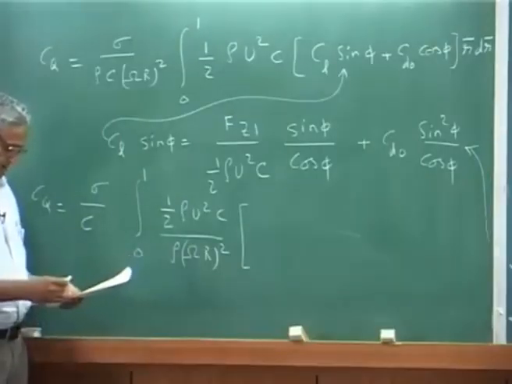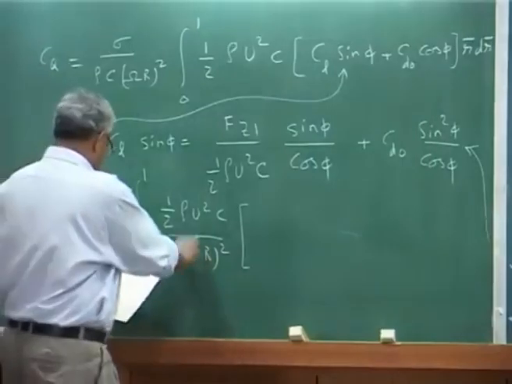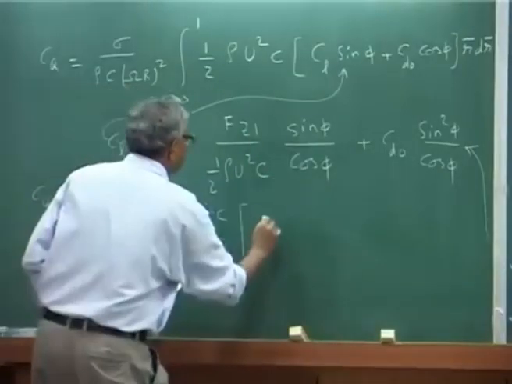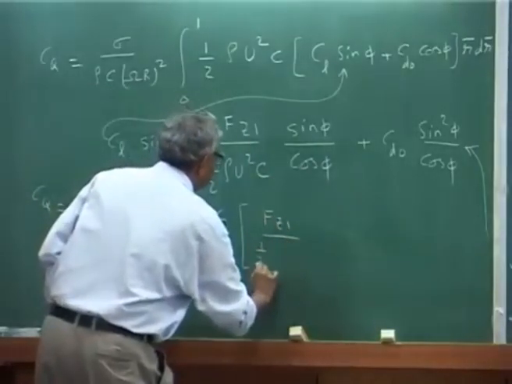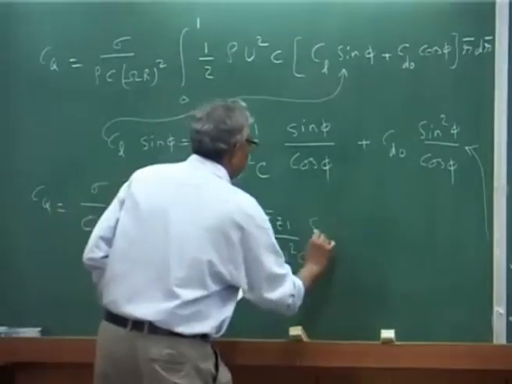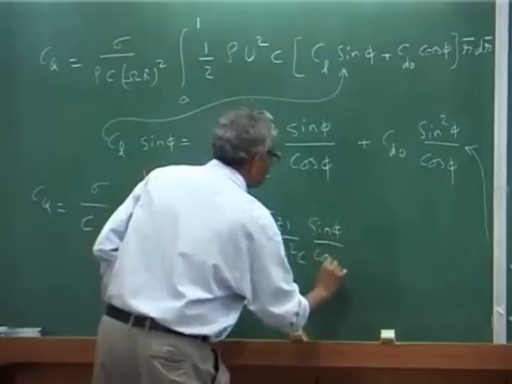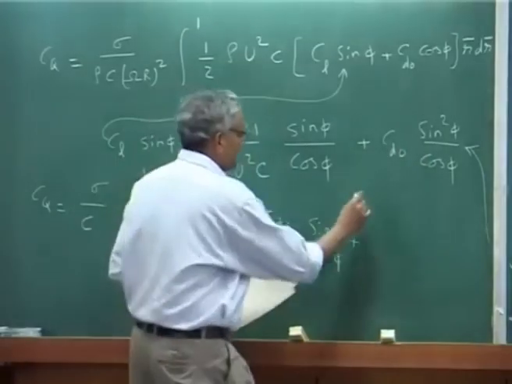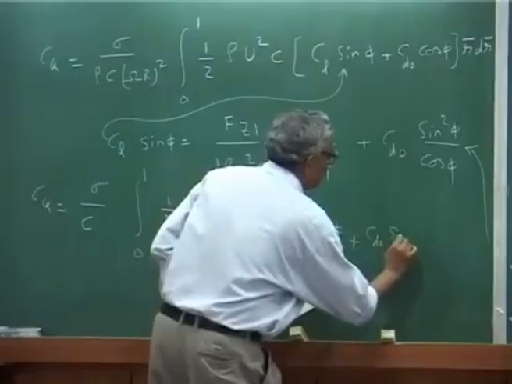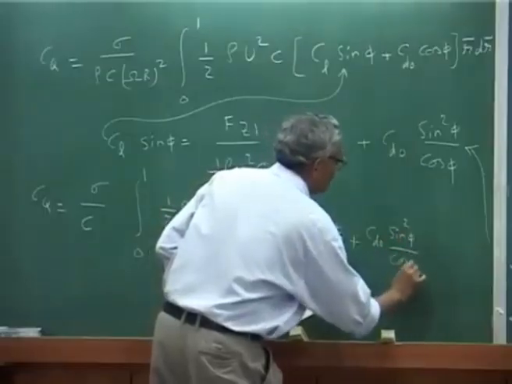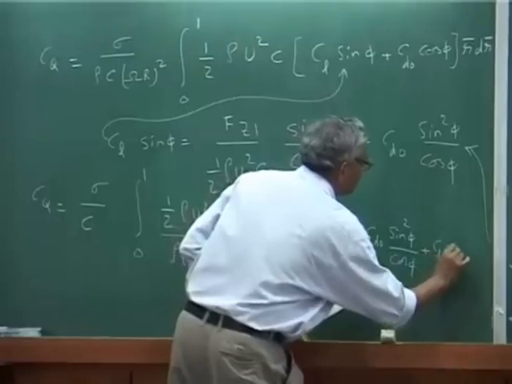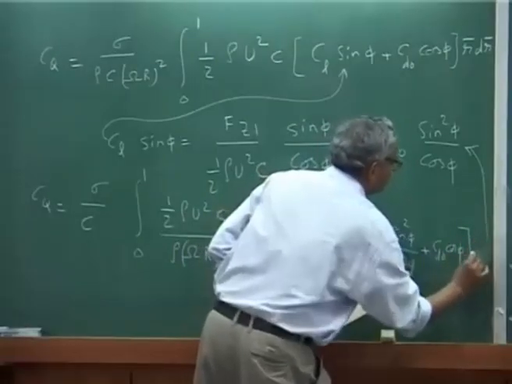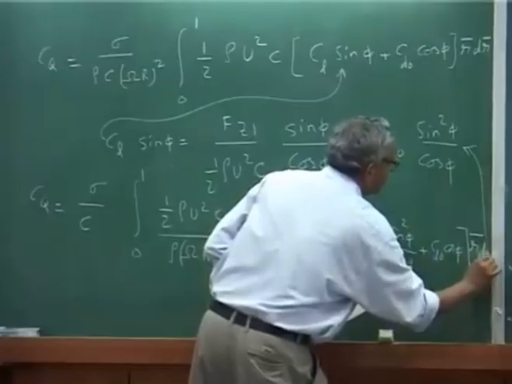Is it correct? Yeah, half rho omega r square, and I am going to substitute for C L sin phi this entire expression: F z 1 over half rho u square C, sin phi over cos phi plus C d naught sin square phi by cosine phi plus C d naught cosine phi, into r bar dr bar.